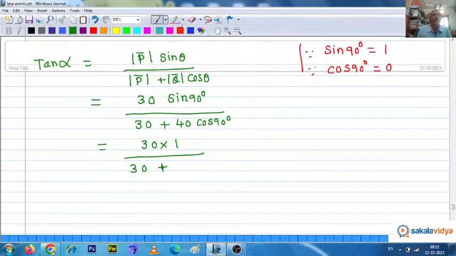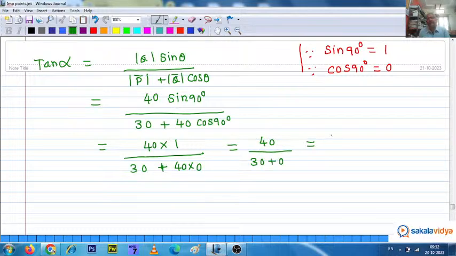This is, remember, Q. So I will write it mod Q. So this will be 40. So this will be 40 times 1 over 30 plus 40 times cos 90, which is 0. So this is 40 divided by 30 plus 0. You have 40 by 30, which is 4 by 3.